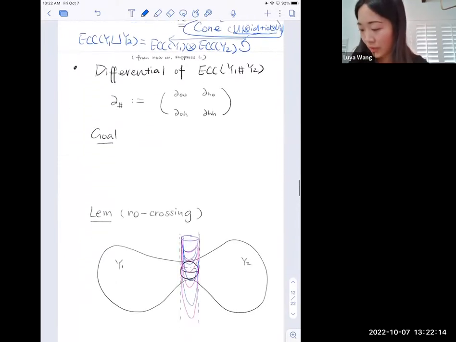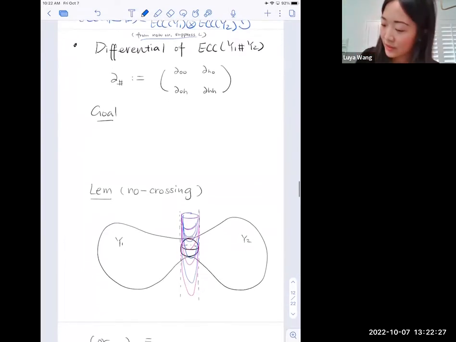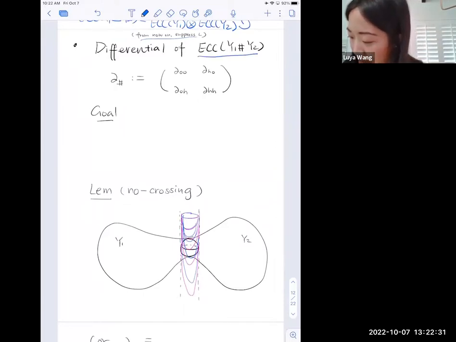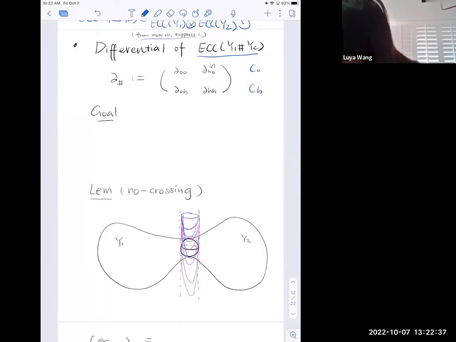From now on, I will suppress the action L, but I will just assume that I don't need to worry about orbits that pass through the S2 region. So I write my differential in the connected sum in terms of differentials that go from C0 to CH.